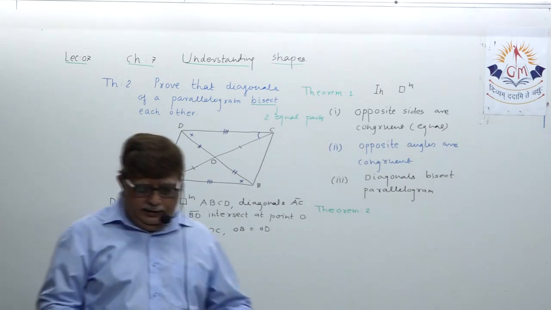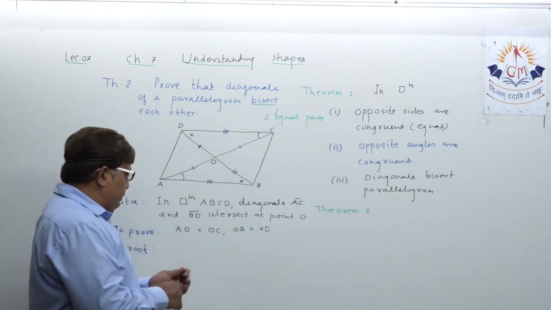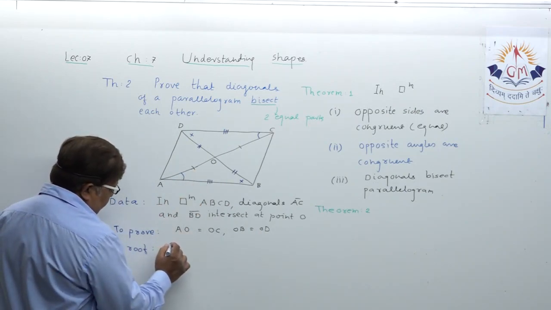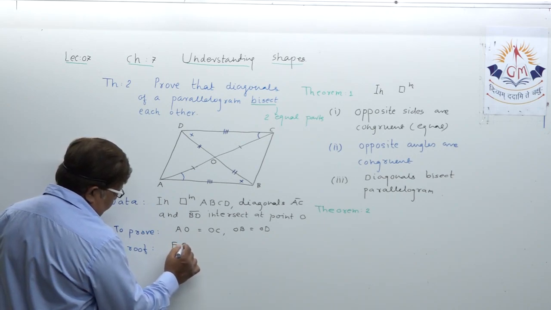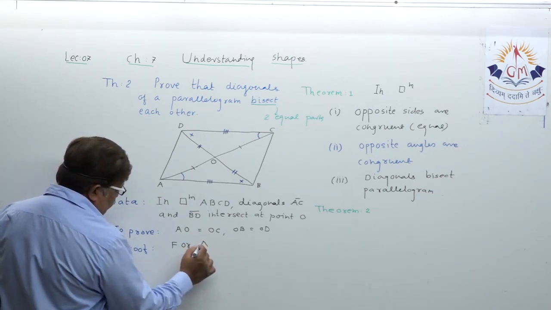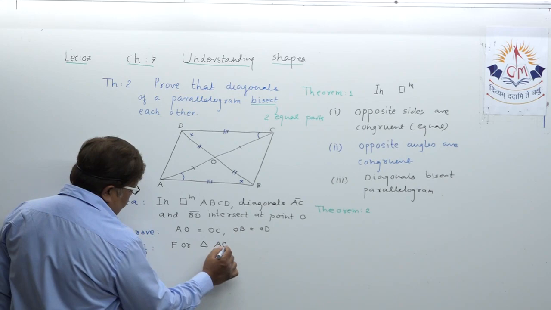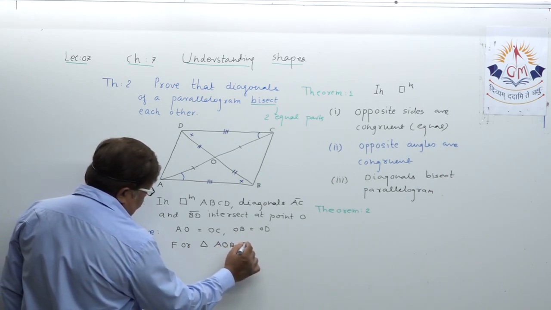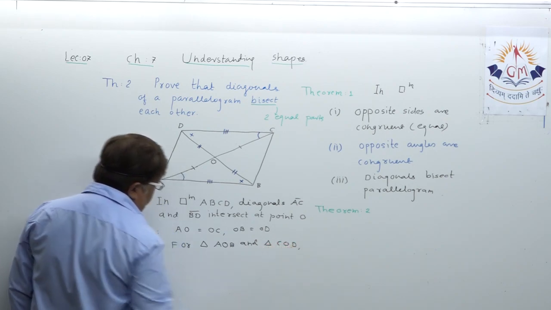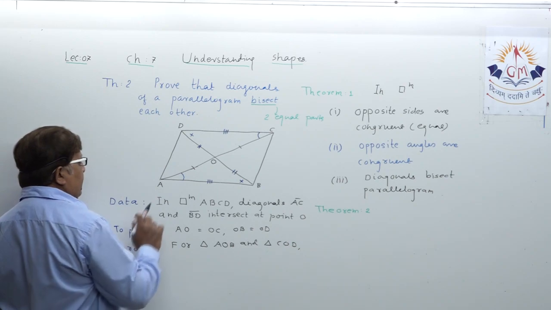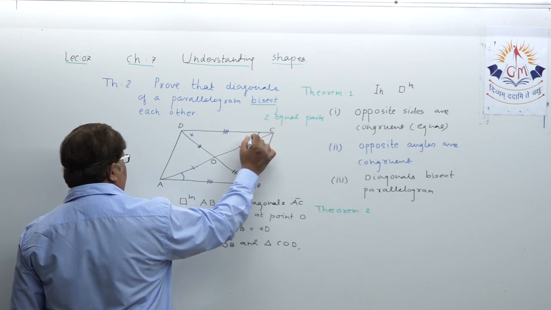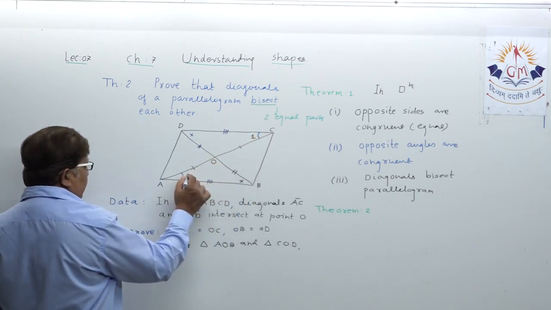Okay, let us try to represent it in the form of proof. I am writing for which two triangles we are going to target: triangle AOB and triangle COD. Okay, let me write, this is angle 1 and I may say it angle 2.